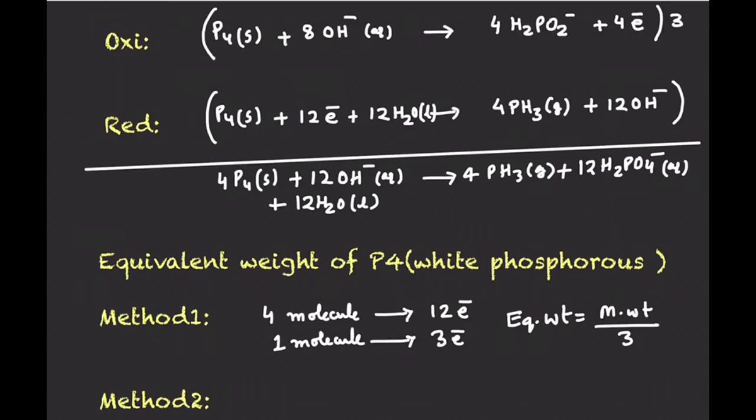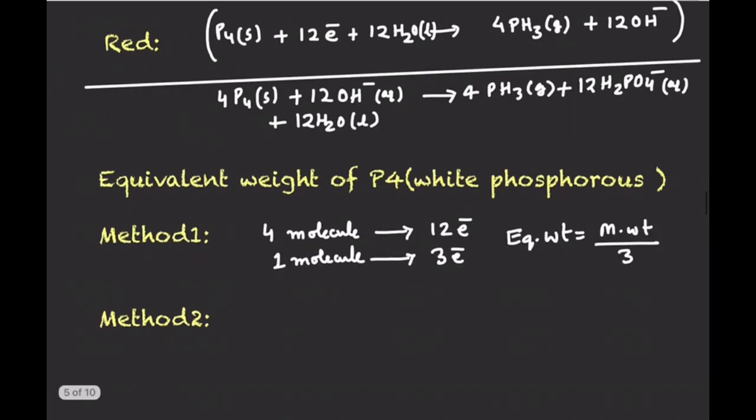This is the first method, where we calculate the equivalent weight of the substance as the mass involved corresponding to 1 Faraday. So that's why the equivalent weight of white phosphorus in this reaction is equal to molecular weight divided by 3.